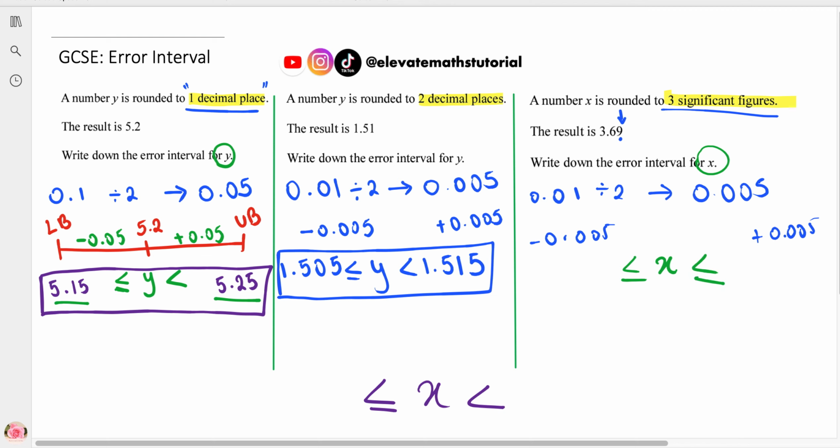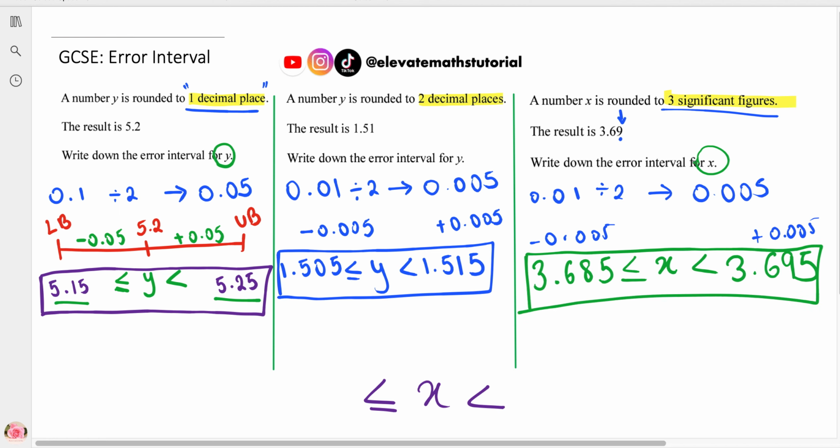Okay, so you do not have that symbol over there, so it's less than. 3.69, if you minus 0.005, it will be 3.685. If you add 0.005, it will be 3.695. Okay, so this is the answer for error interval for this set of values.